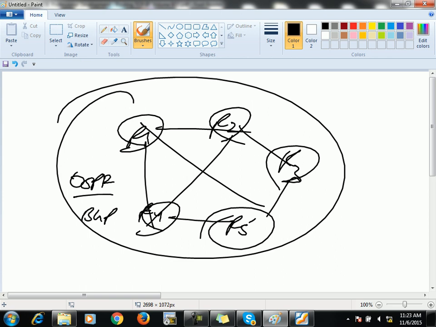Are you getting my point? We don't need to configure BGP because we are talking about intra-AS now. All these routers are in the same AS.